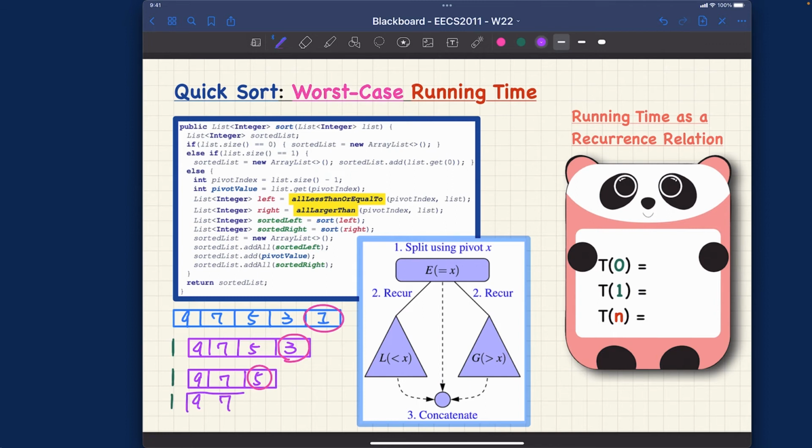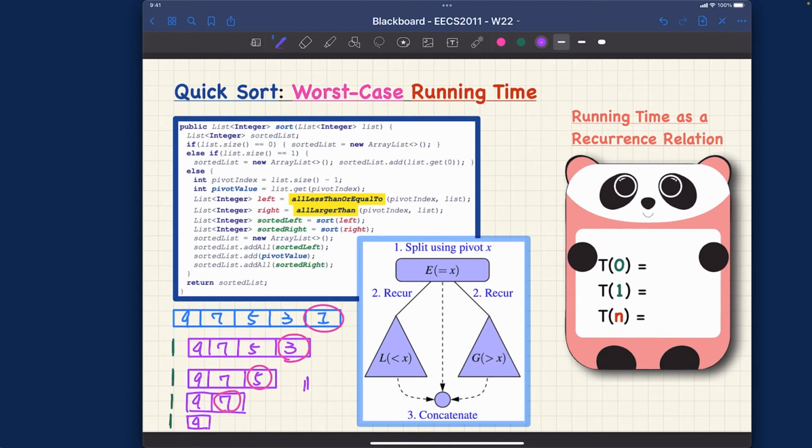Are we in the base case yet? Not yet. One more. Let's say we choose this one over here. After that, we still get an empty left list, and we got 9. This will be the base case. How many splits do we have?